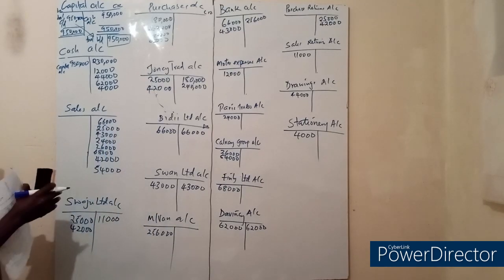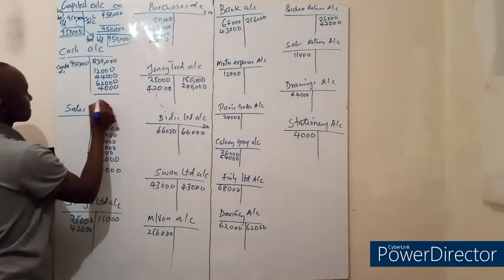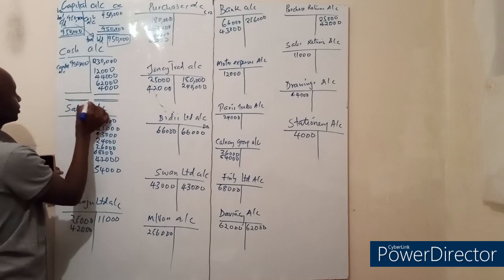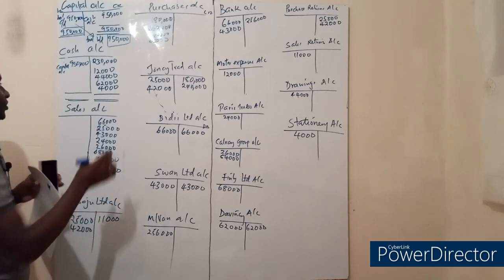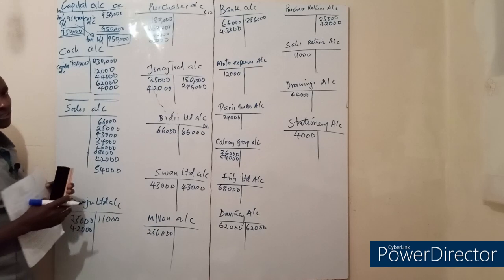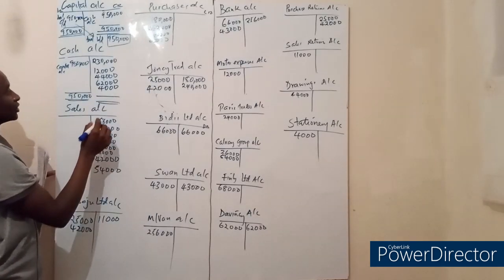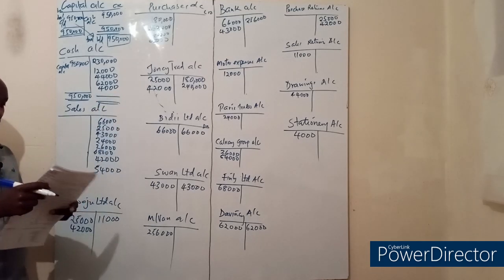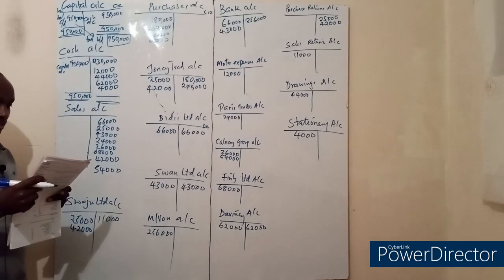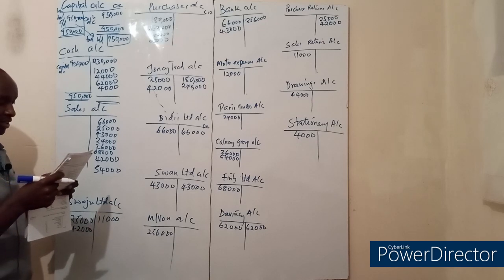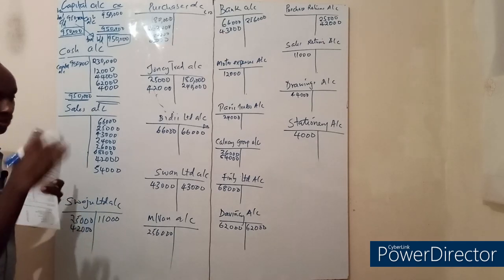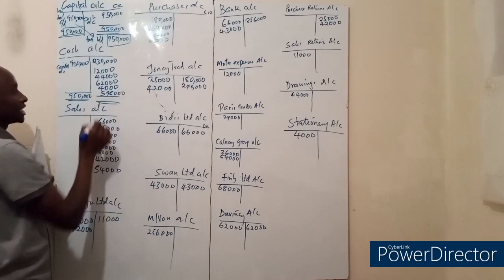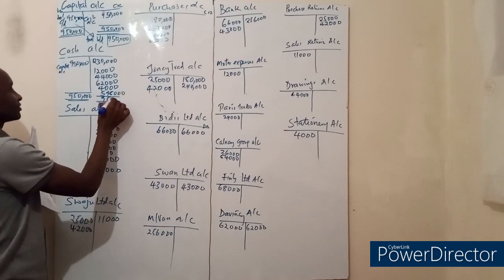So let's go to cash account. This is how to do it. Just show two lines as such, and then you add this and this other side. When you add the balance of 598, that is the balance to make this amount 950,000.